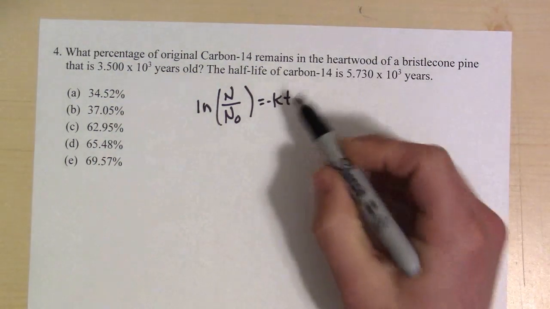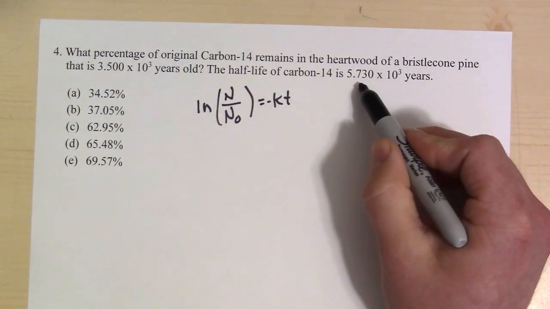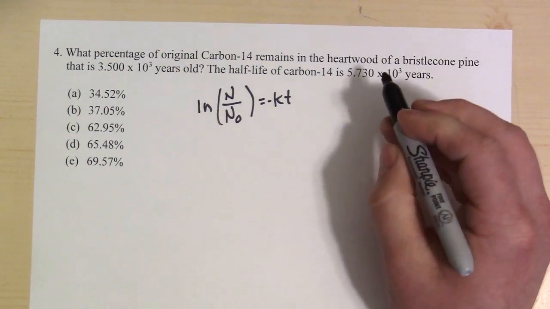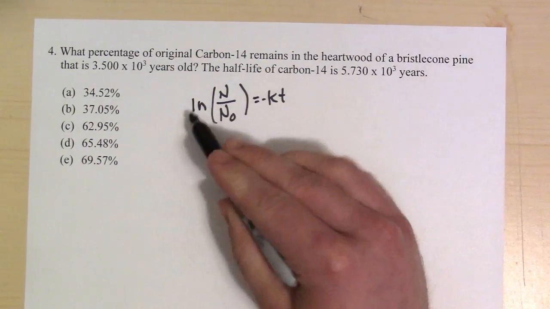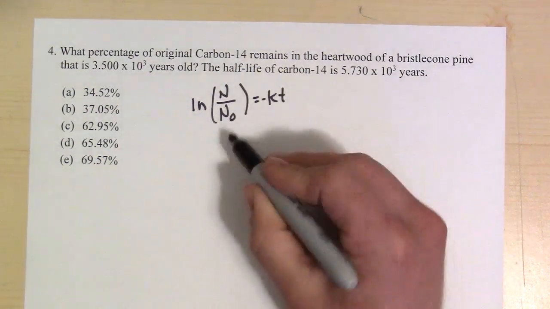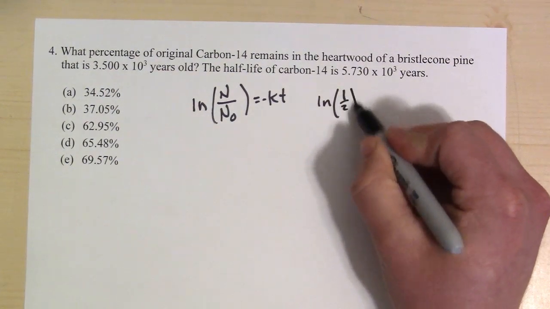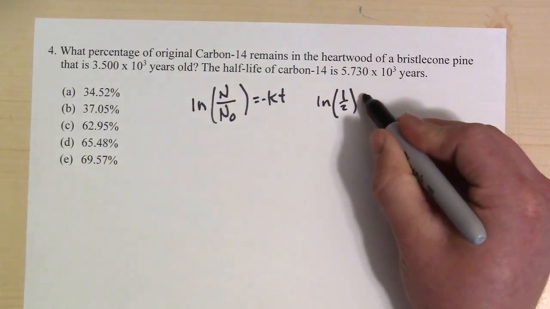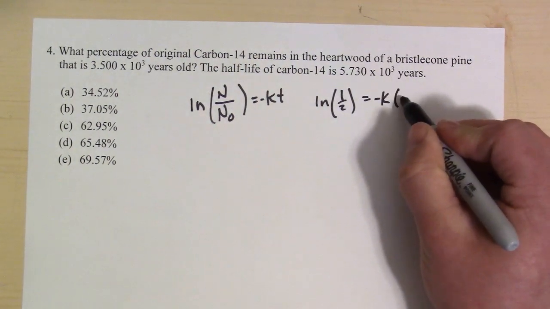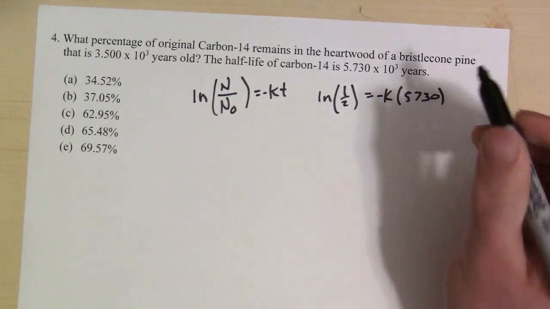So first we'll want to solve for k using our half-life of carbon. So to do that, we will take the ln of 1/2, if we want to solve for a half-life, is equal to negative k times 5,730.